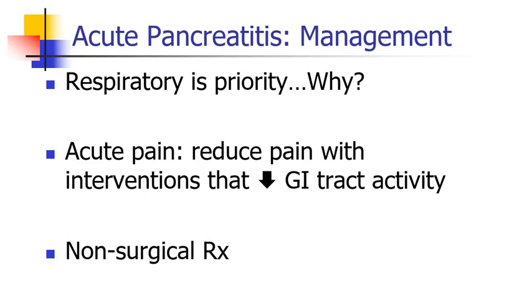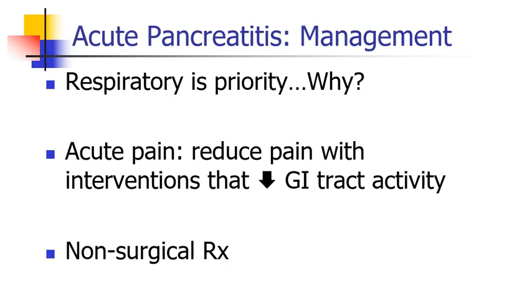Respiratory status is a priority. We are at risk for sepsis, which can bring us to that SIRS response, which can cause ARDS. Plus, they have very poor respiratory effort due to that high left upper quadrant pain that they're experiencing.